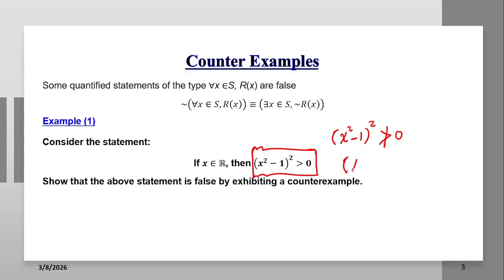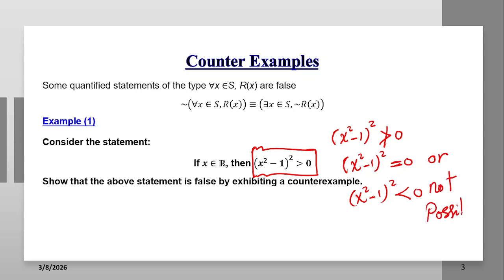It may be equal to 0, or less than 0. This is not possible in the set of real numbers.